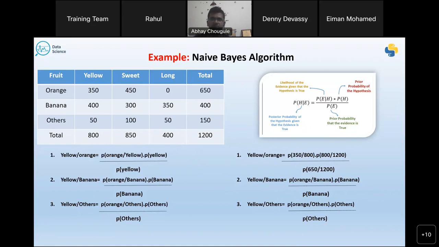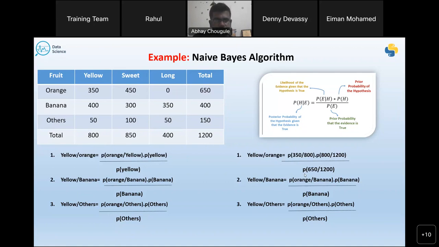I have not done each and every one, I am just giving you the idea behind this. Long here, definitely, orange is not long, so we got 0 here. But you have to ask with everyone. If you pass your orange data with the long, definitely you will get 0. So I will show you the exact answer.